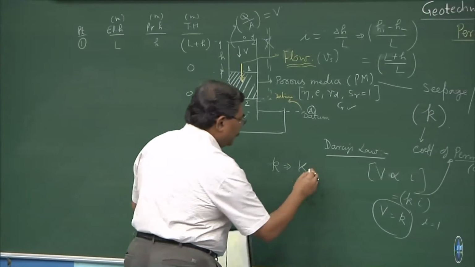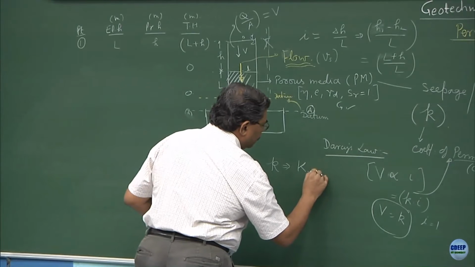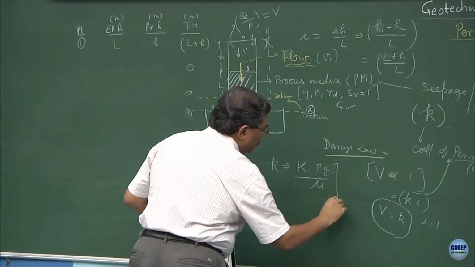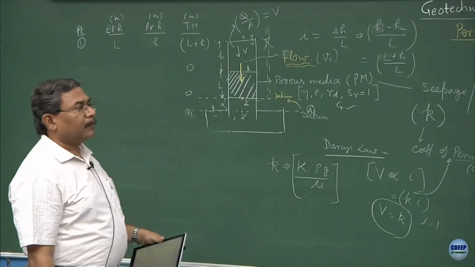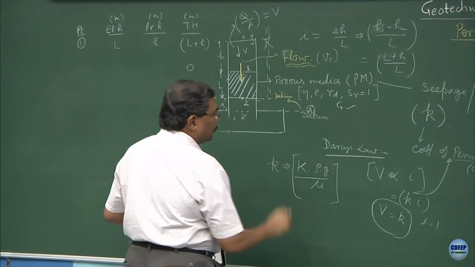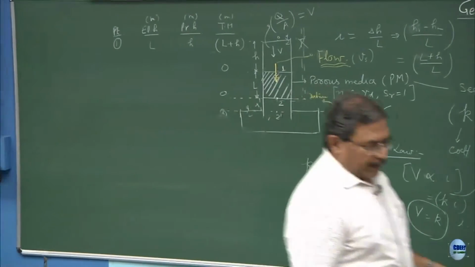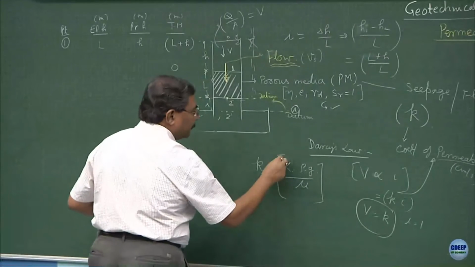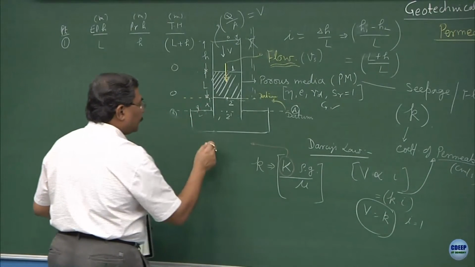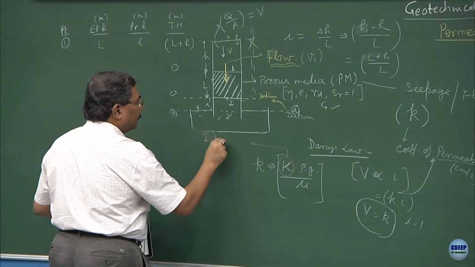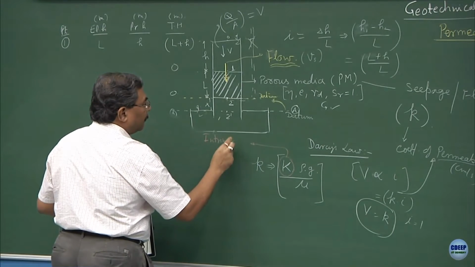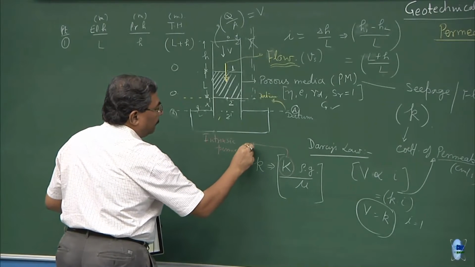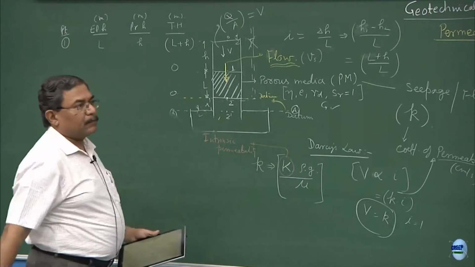So, this capital K is known as intrinsic permeability.